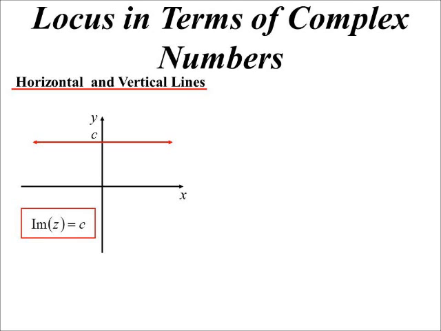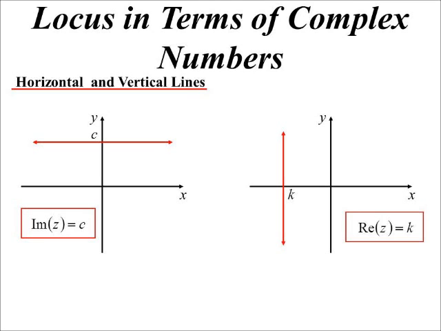So if we get some sort of locus question where they say, look, we want you to plot every complex number such that their imaginary part is always equal to c, then we know we're talking about a horizontal line that must go through c. So a vertical one, well, all those complex numbers would have the same real part. So they're the most basic straight lines, I guess, horizontal and vertical. We'll worry about ones at an angle later.